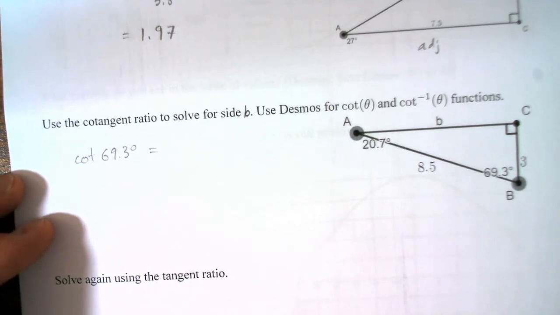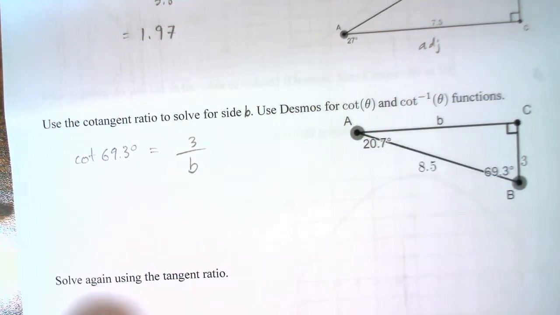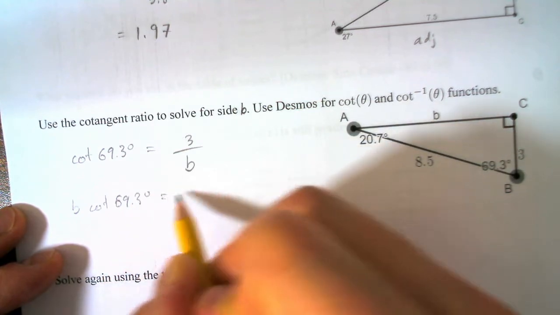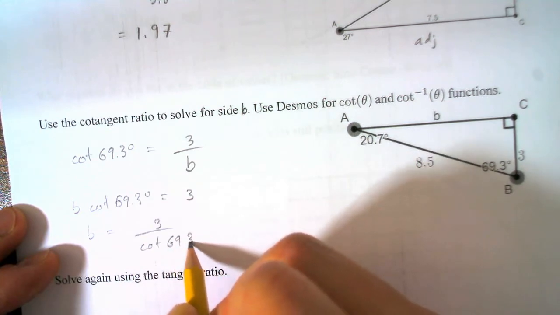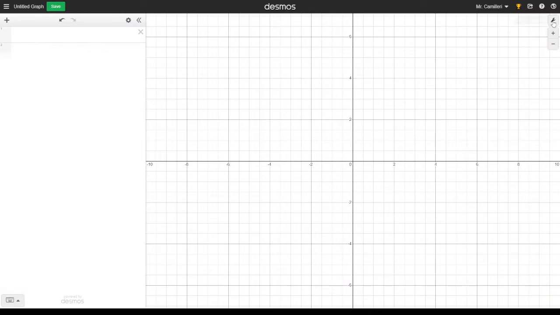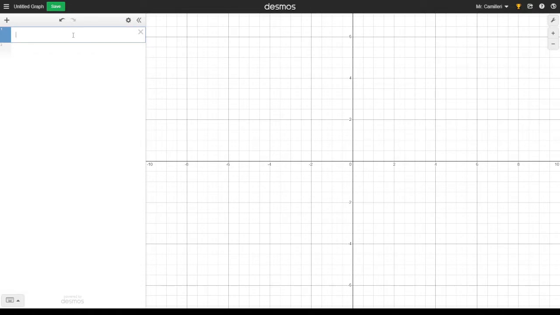And then we have the adjacent side over the opposite. So to evaluate the expression, make sure that we're in degree mode. Then we can type in and we get a value of 7.94.